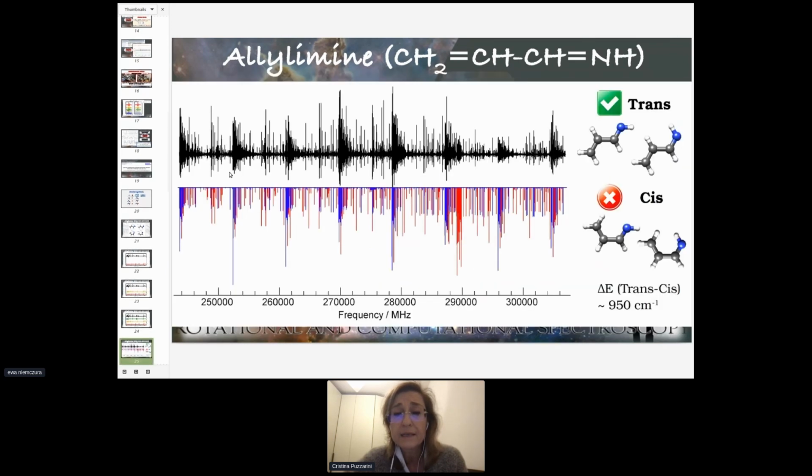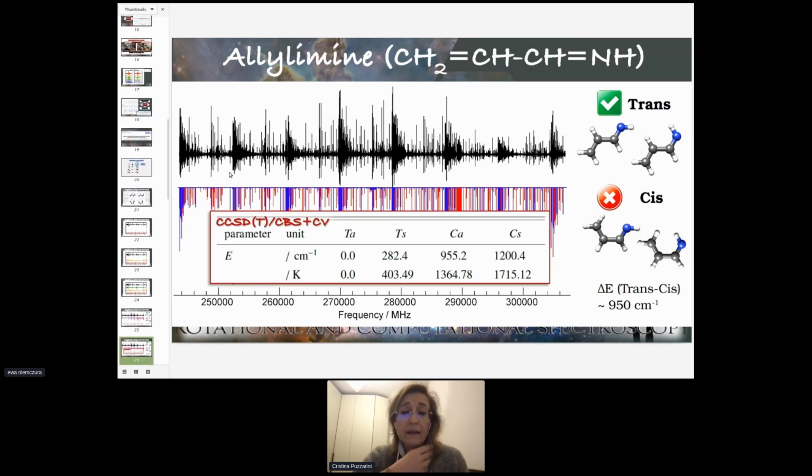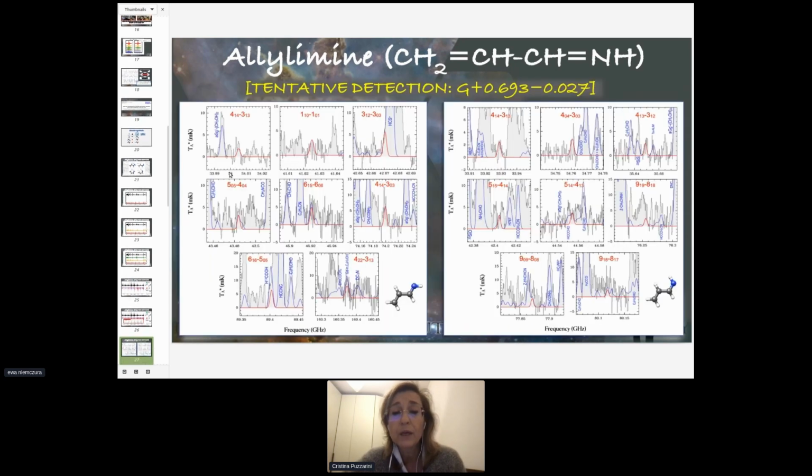Next slide, please. We could observe both forms of the trans isomer, but not the cis one. The reason is related to the high energy of the cis one. Next slide, please. They lie, as you can see, very high in energy, and we couldn't find them. With the catalog from the spectroscopic study in hand, next slide, please, we could tentatively assign these two forms of the trans allylamine in the same molecular cloud as before.